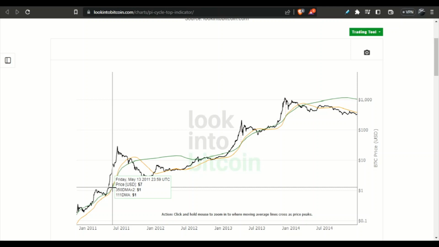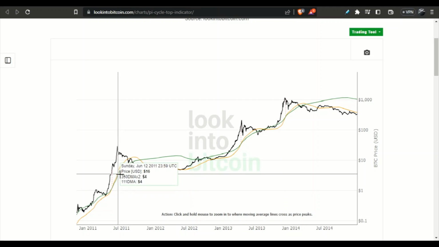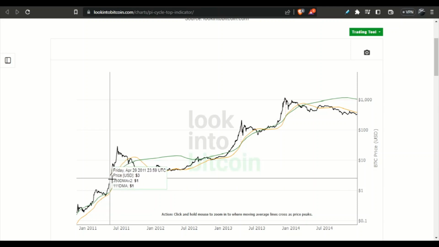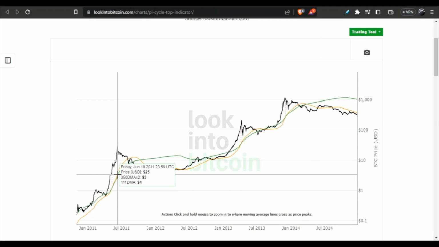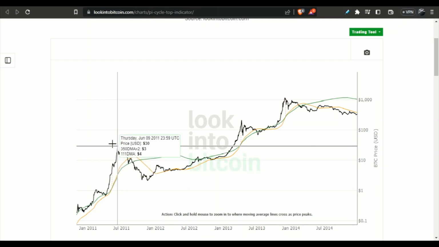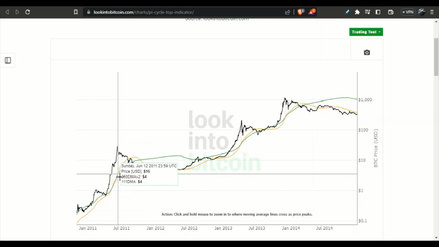Okay, so that happened on May 13th, and the top of that run was hit in June. January, February, March, April, May, June. So less than a month later. Because that's June 10, that's June 13, yeah, less than a month we witnessed a top.